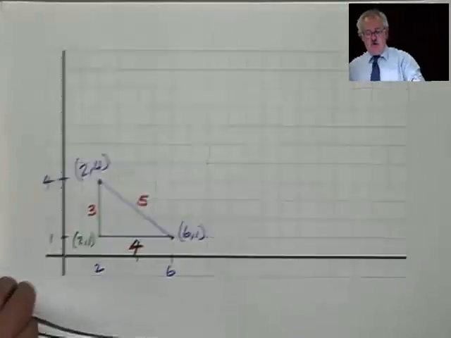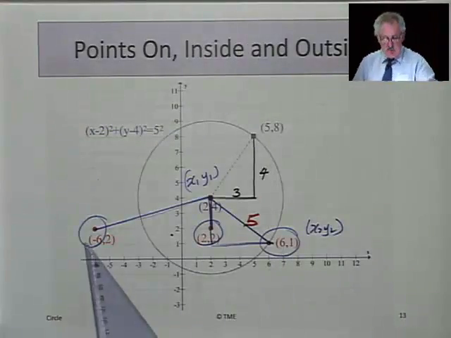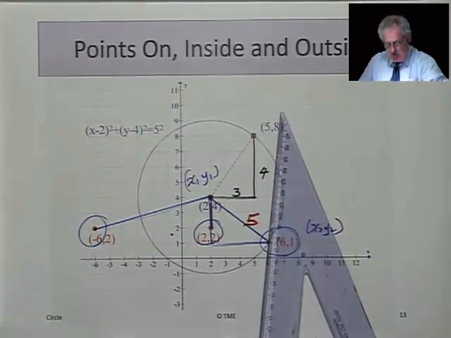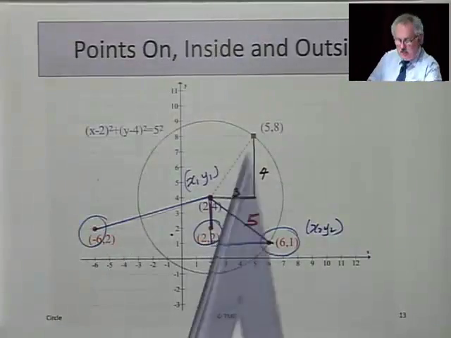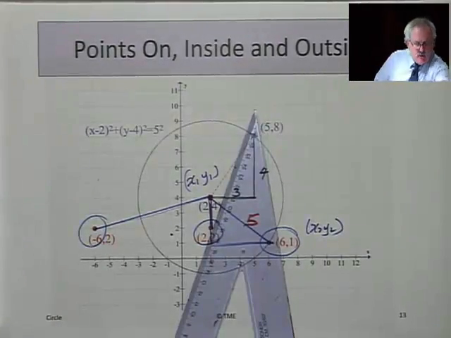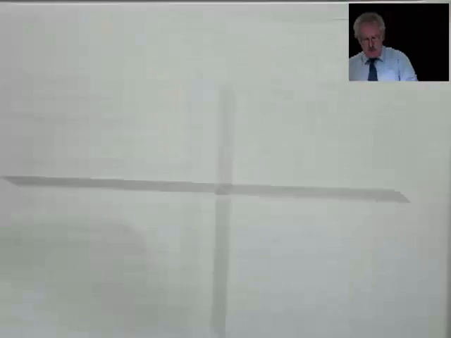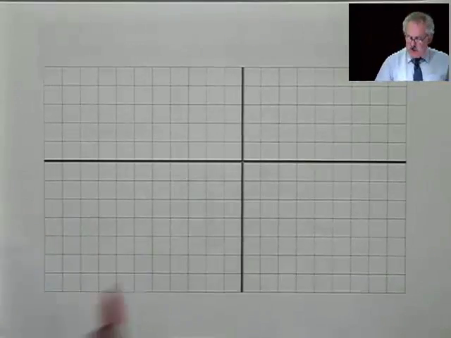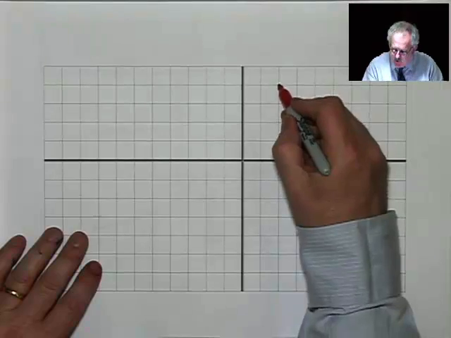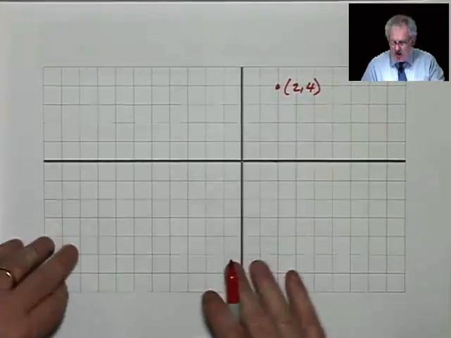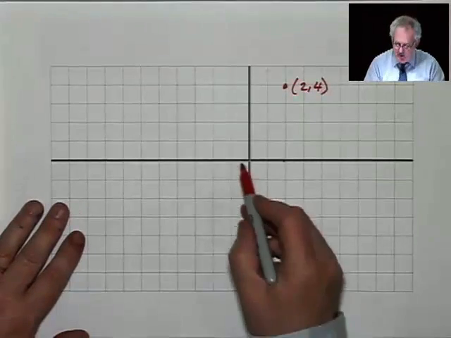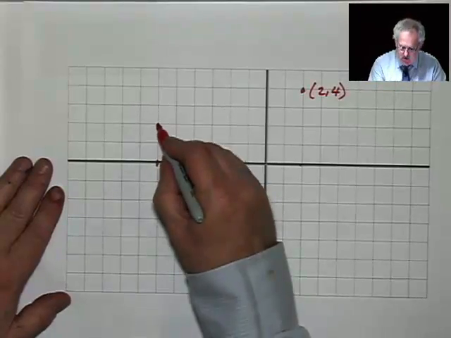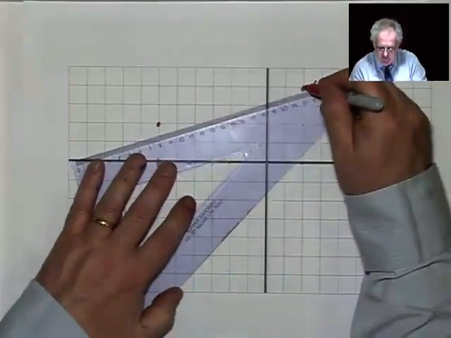And equally, if I did the third one, the third point I think is minus 6, 2. So I'm looking at the point 2, 4, and minus 6, 2. 2, 4 is here. And minus 6, 2 is here. And I say, what length is that?